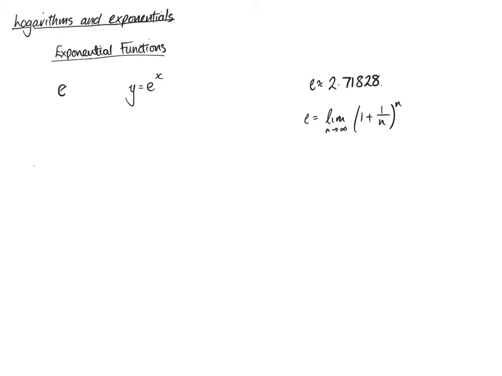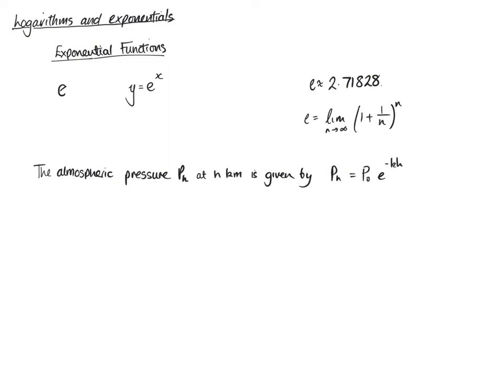Let's go with atmospheric pressure. The pressure at h kilometers is given by P_h equals P naught e to the negative kh.